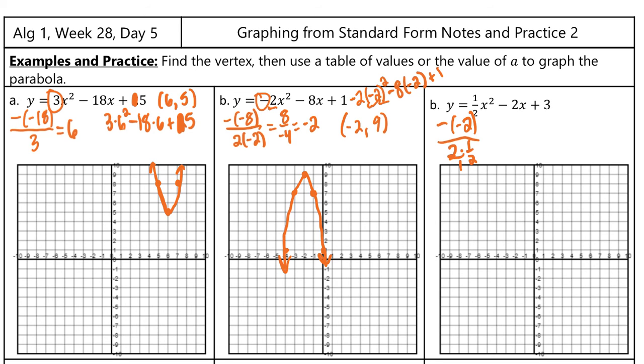What you want to do is simplify the top and bottom separately. You might have actually just written the top as positive 2, and that's fine. And then on the bottom, what is 2 over 1, times a half? Well, that'd just be 1. So this is 2. And then we plug 2 in here and here.